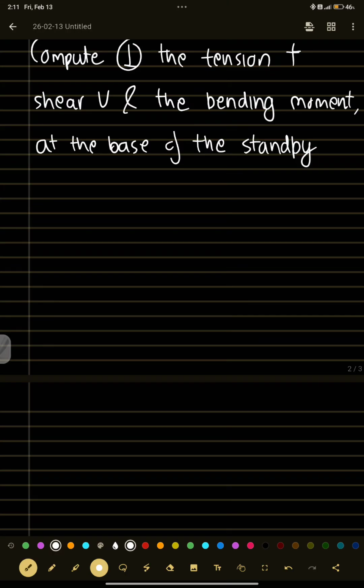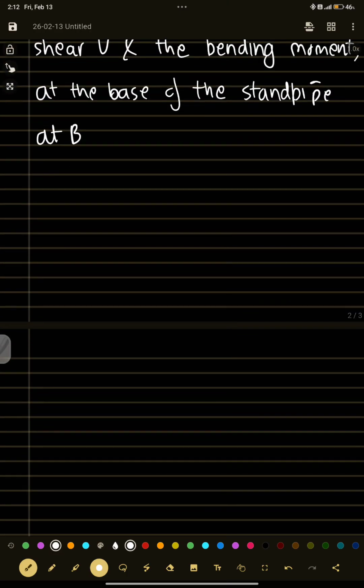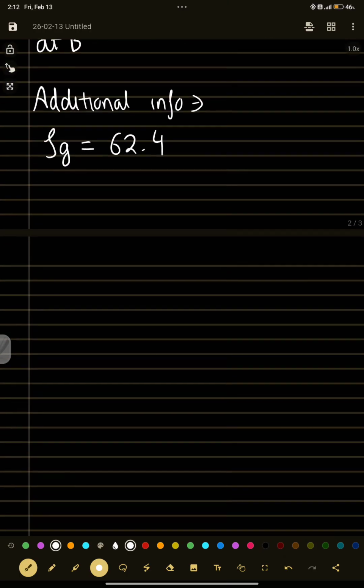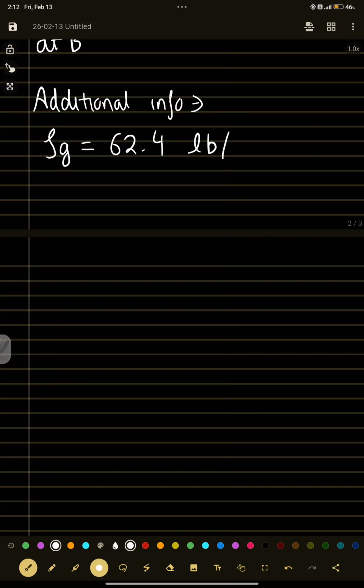Additional information. What is the additional information? Specific weight of water, actually not rho, it should be rho g, is 62.4 pound per feet cube.